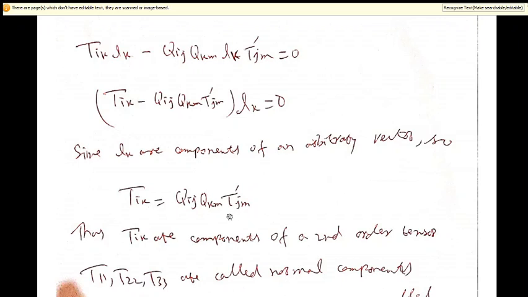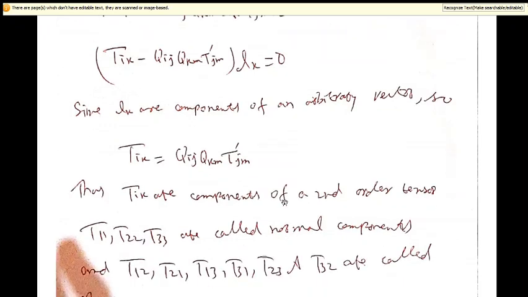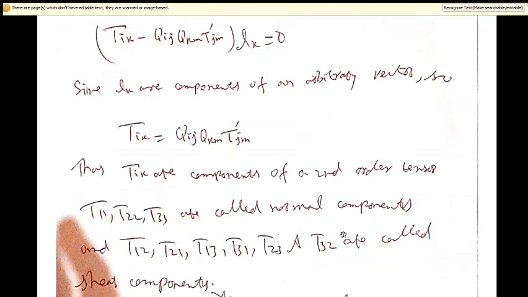It has two free indices and two dummy indices, and with the help of the two free indices we can say that these are the components of a second order tensor, and it has 9 components. Those T11, T22, T33 are called the normal components, and the off-diagonal components, 6 of them, are called shear components.